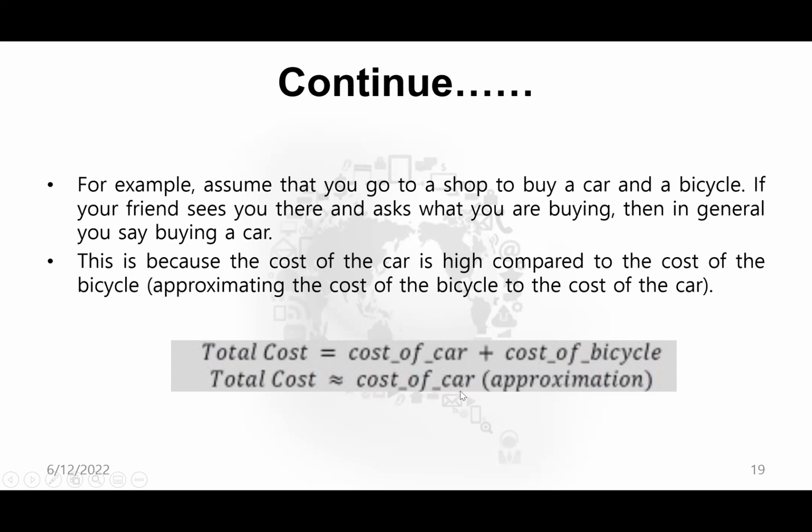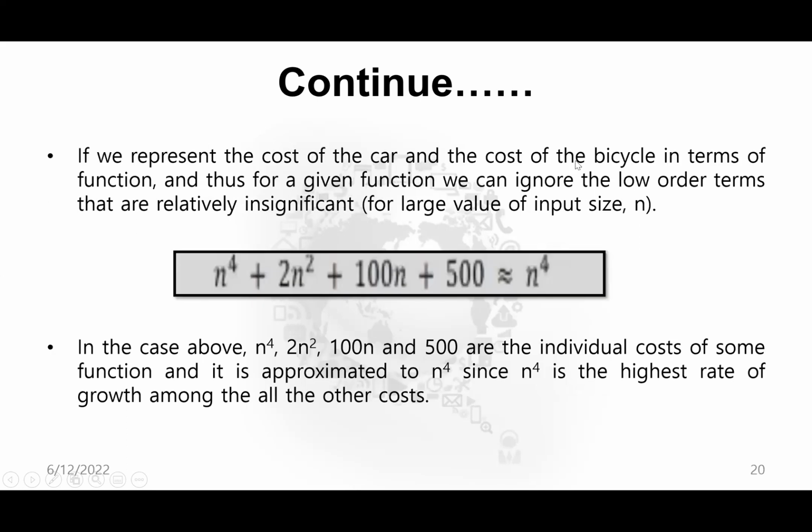For example, let's say the cost of the car and the bicycle we measure in terms of a function. Let's say this is our function: n power 4 plus 2n power 2 plus 100n plus 500. At the end, we will just look at the highest order term among all the terms in your original function, which is n power 4, because n power 4 is the highest rate of growth among all the other costs.